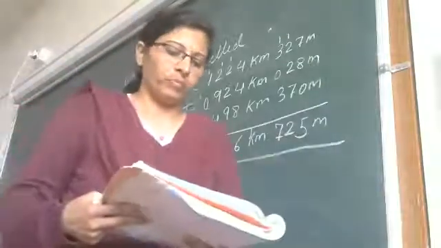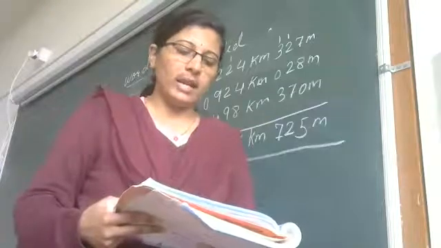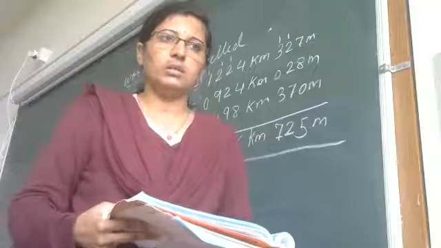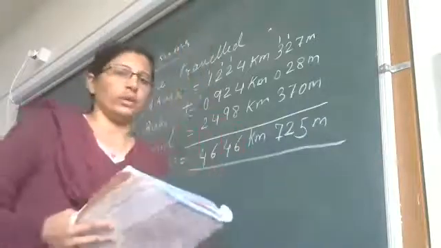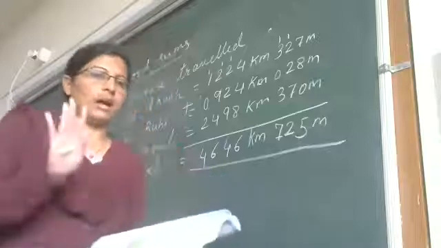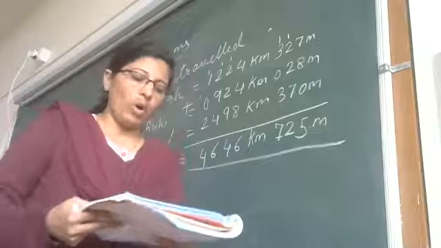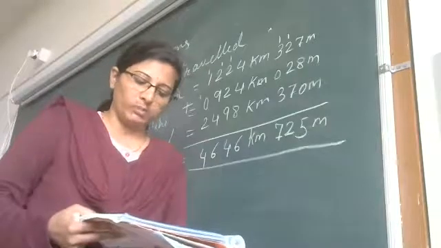Now see the next one. Max fills 7 bottles of 500 ml. Ma'am, we should solve that. Yes, you can solve it yourself also. Understand it first. Max filled 7 bottles of 500 ml capacity with water.